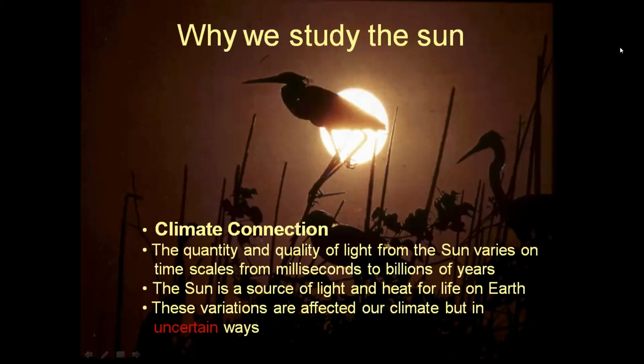We can point out different reasons why we study the sun. First of all, we can think about the influence of the sun on us. The influence means how the sun varies and how that affects the Earth system.